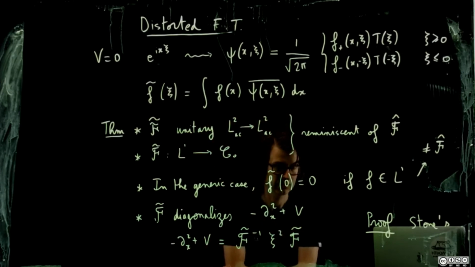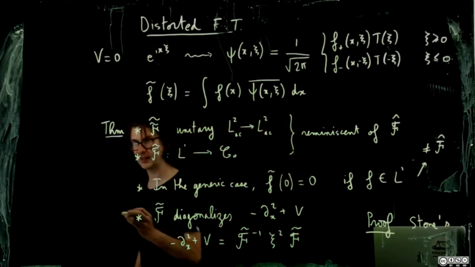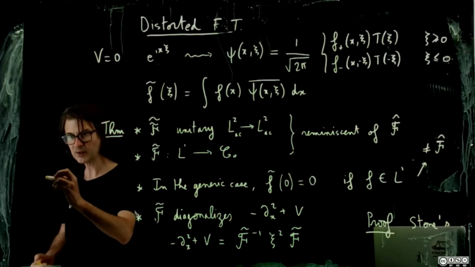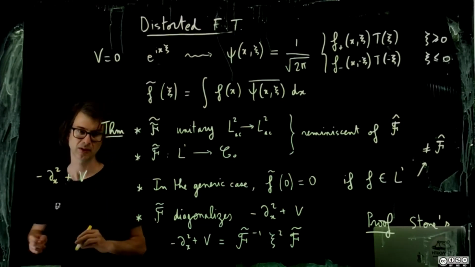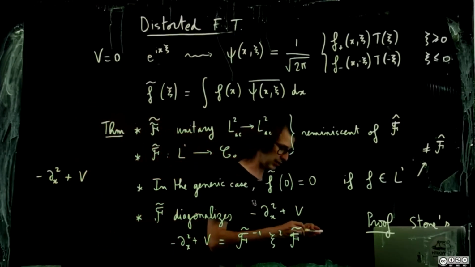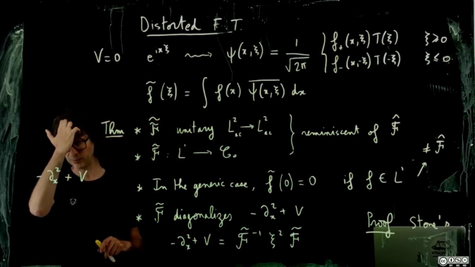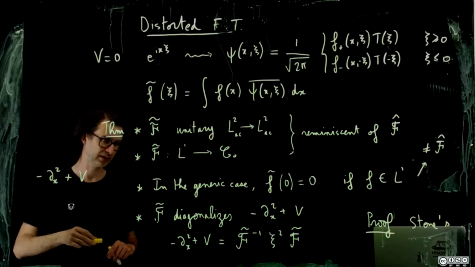And essentially, here is the reason why. You look at minus dx squared plus v. Okay, and all of this is going to work when the dx squared part is dominant over the potential part.